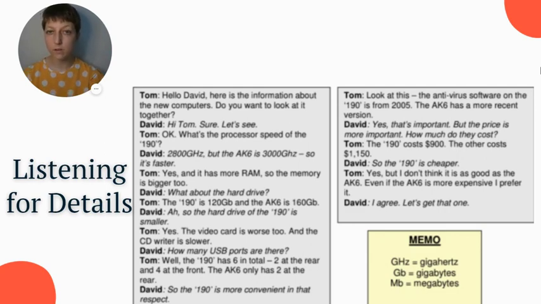All right, so this is a conversation between two people named Tom and David. They are talking about computers. So which words in this conversation are the most important? Which words should we look out for the most?